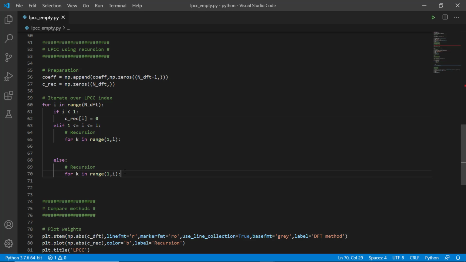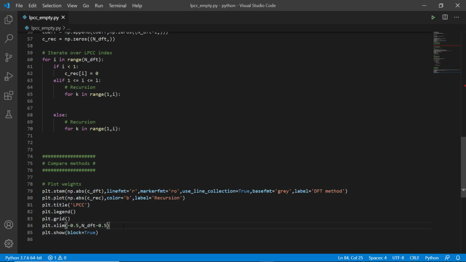So this is where you have to implement the recursion. And then the last is that we plot both the solution with the regular IFFT or DFT and the efficient version. And of course, we hope to see that they're more or less identical, except for maybe some numerical errors. So let me walk you through my solution.